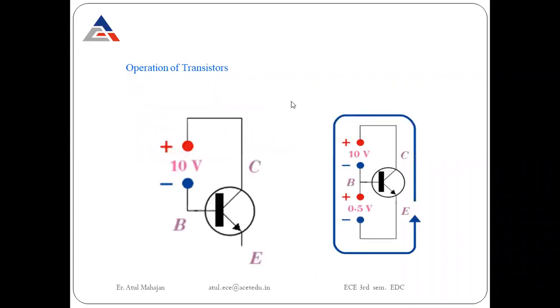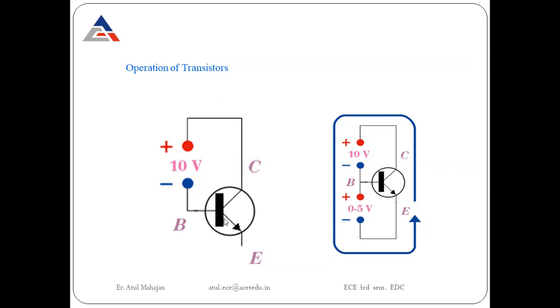So when we talk about the operation of transistors, this is what actually happens. This is the symbolic and diagrammatic representation of the transistor configurations. This is your transistor, and this is your emitter. This is an NPN transistor, because the flow of current is outward, that means it is from the positive towards the negative.